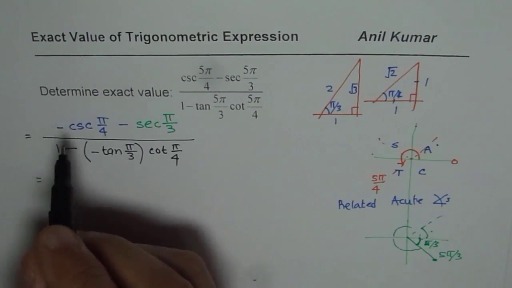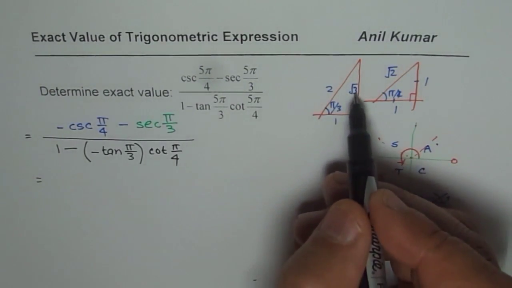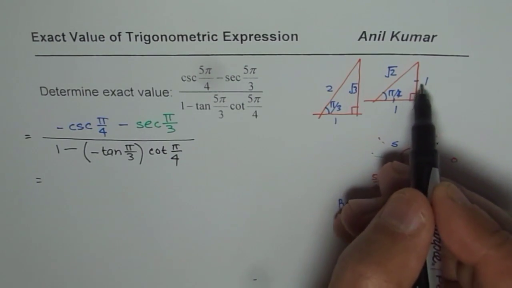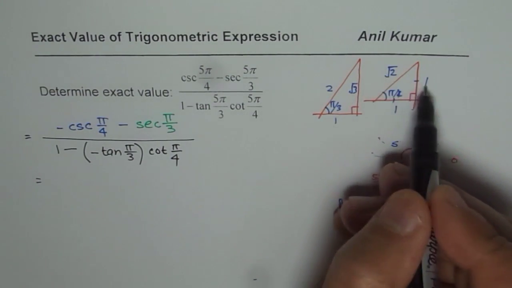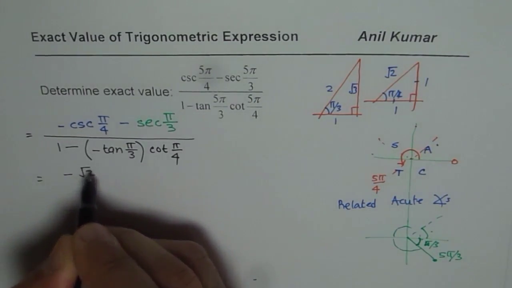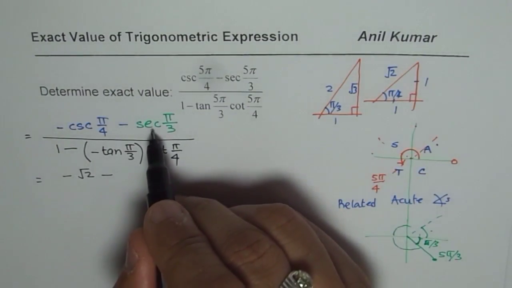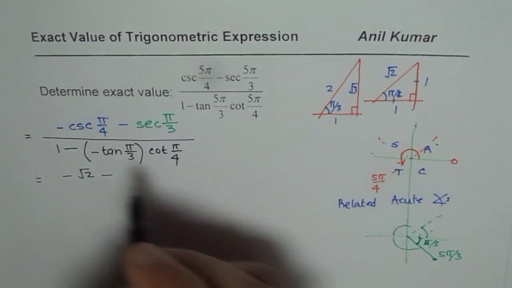Cosecant, if you remember SOHCAHTOA, cosecant is reciprocal of sine, right? So sine is opposite over hypotenuse, so we'll reverse it. So it's square root 2. So the first one is minus square root 2. Secant pi by 3. Secant is reciprocal of cosine, 2 over 1, right? So it's 2.